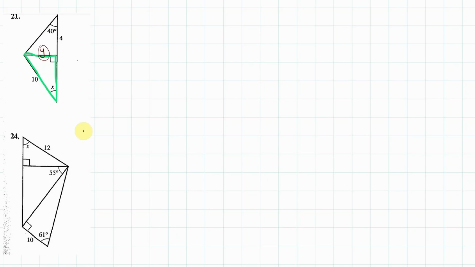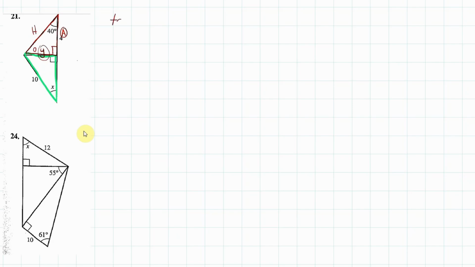So let's look at this top triangle, and I'll just go over it in red. We've got this is our right angle, so that's our hypotenuse. Y is our opposite, and the 4 is our adjacent. So I hope you can see that we're using TOA for the red triangle.